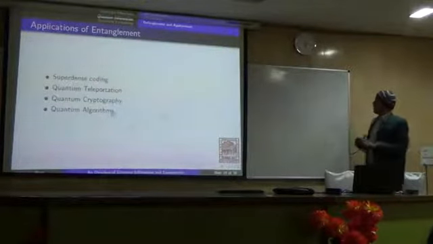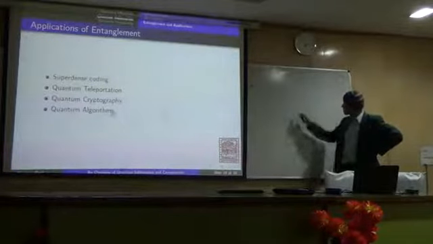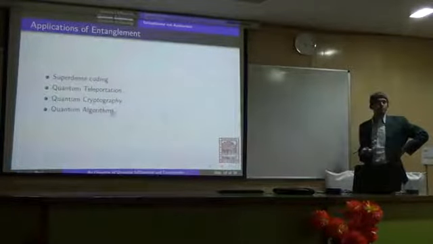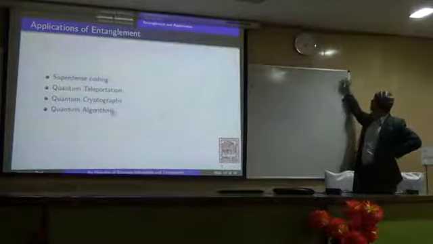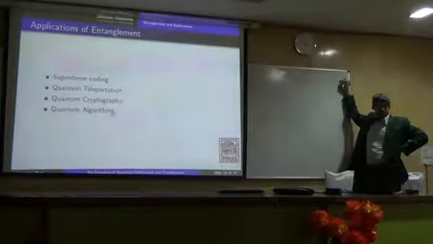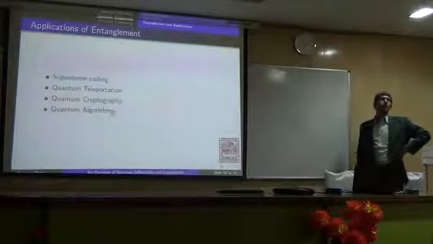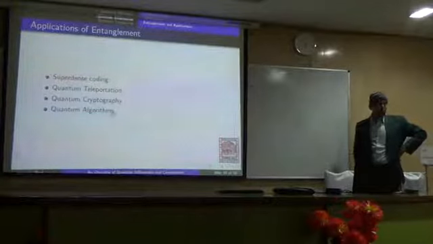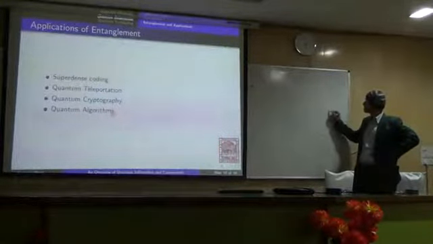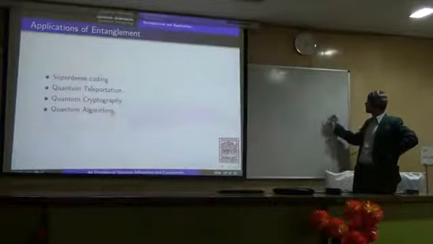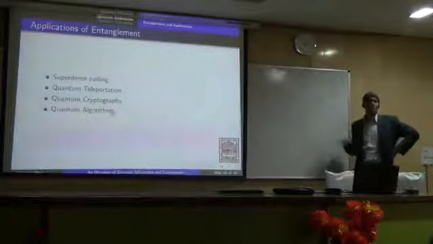Now, we can do a joint measurement on A and B together. That will force the particle C to acquire the state of particle B. B can have any arbitrary state. Suppose it is alpha |0⟩ plus beta |1⟩, where alpha, beta are unknown complex numbers. We do not know, it's an arbitrary state.